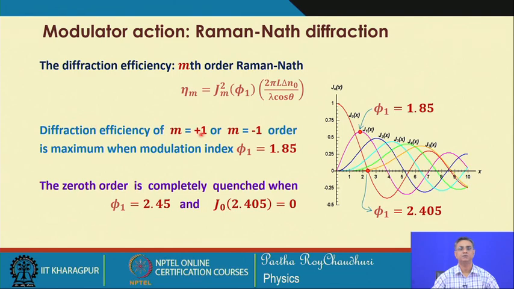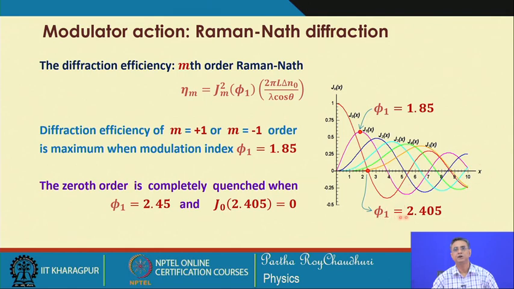Now, the diffraction efficiency in the plus minus 1 order is maximum when the modulation index phi 1 is equal to 0, because that is the 0 of the Bessel function J1. You can see this, this is the Bessel function J1, which has a 0 crossing at this point, which corresponds to a value of phi 1, because in this axis it is phi 1 which represents this x.